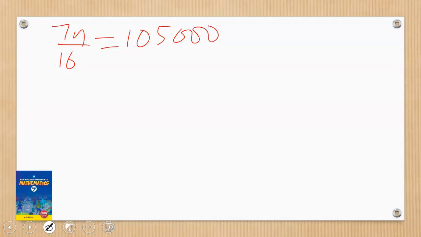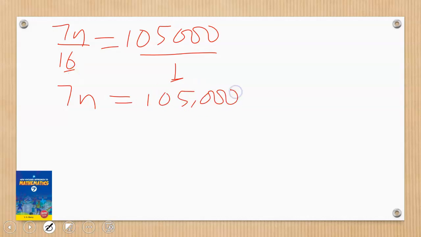Good. Now we want to make n the subject, so we cross multiply. So we have 7 times n times 1, and then 16 also times 105. Okay, now since we want to make n the subject, we divide both sides by 7.